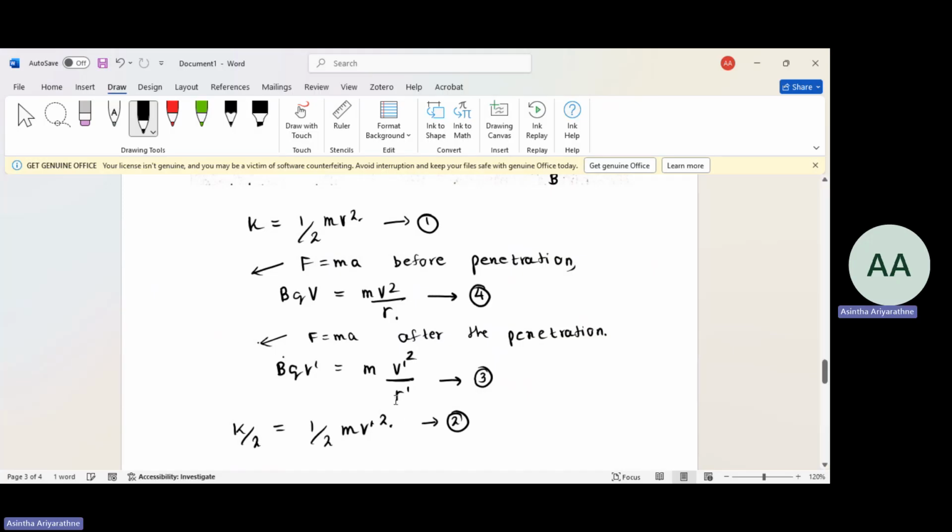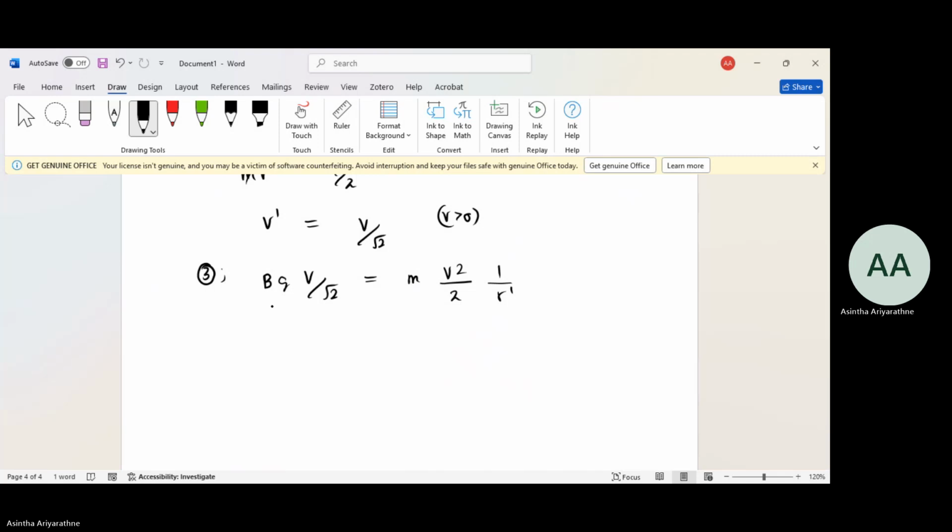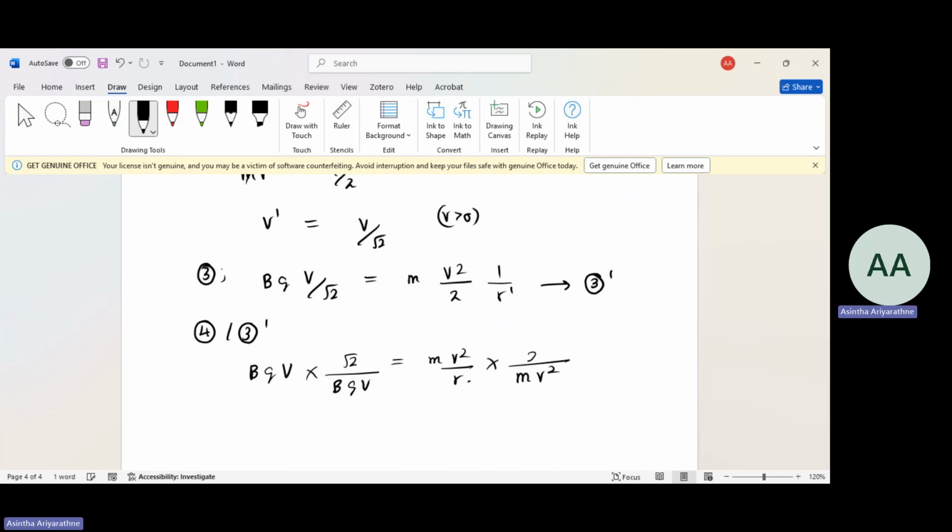Let's divide these two: 4 divided by 3, where 3 is B q v equals m v squared over r.